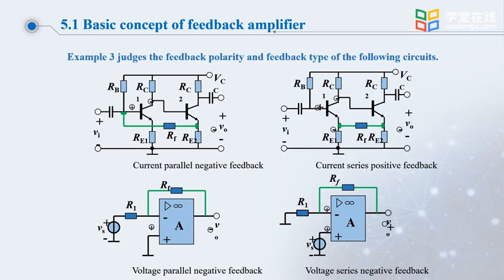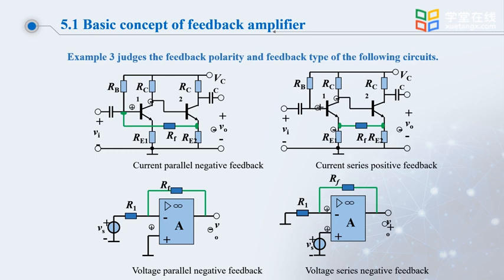What we are concerned with is the flow of current on the feedback element. Because it's a parallel feedback, we look at the current direction on this feedback element. If the right side voltage drops instantaneously, the current goes from left to right, which of course reduces the current flowing into the basic amplifier. So it's a negative feedback. This is a current shunt negative feedback.